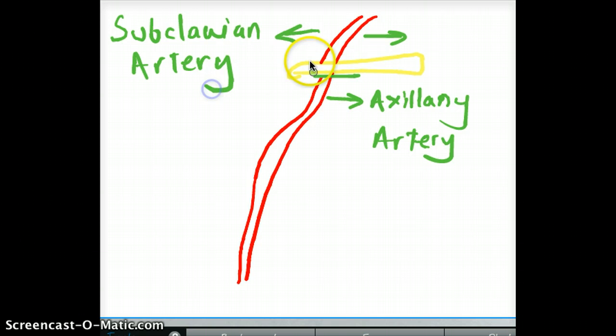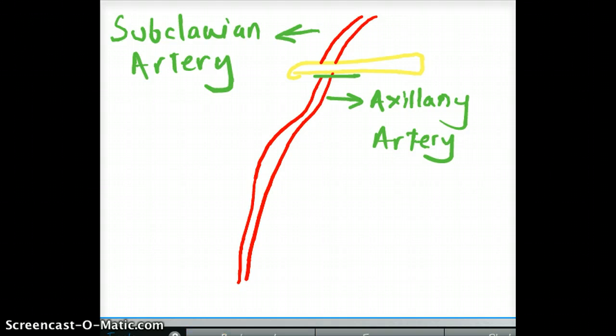So what's the difference between subclavian artery and axillary artery? Really, there is no difference at all, because it's just the first rib which defines the difference between the two. Above the first rib, anatomically, it's called the subclavian artery, and beyond the first rib, it's called the axillary artery.